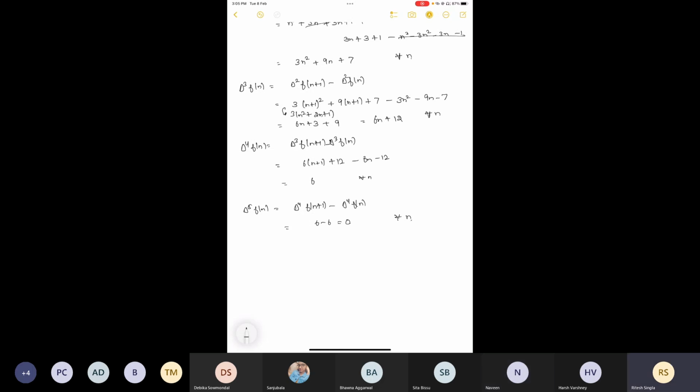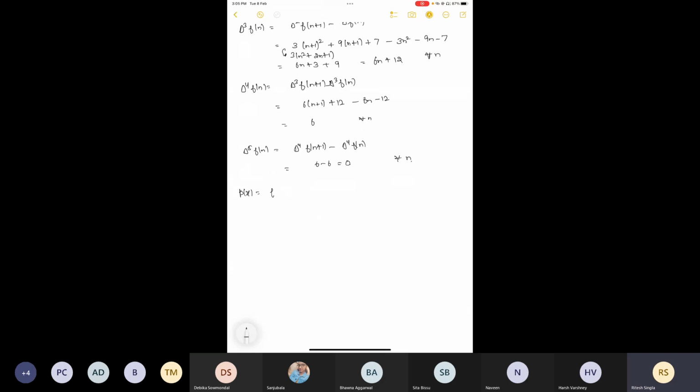So what is my function now? If I want to define it, P of x is equal to f of 0 plus x minus 0 del f of 0 plus x into (x minus 1) del square f of 0 upon 2 factorial, plus x(x minus 1)(x minus 2) del cube f of 0 upon 3 factorial plus x(x minus 1)(x minus 2)(x minus 3) del 4 f of 0 upon 4 factorial, plus 0, because we know that del 5 is 0 for every n.